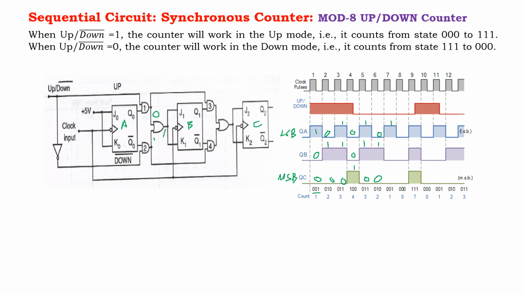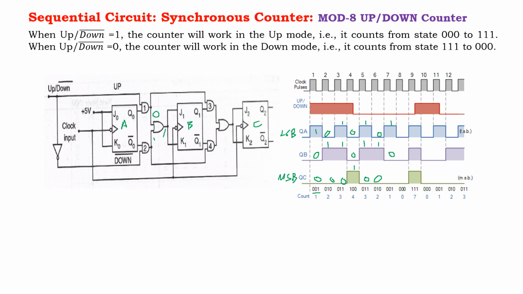So then what happens, this will store the data 0 1 and 1 1 again. So if it is 1 1 again, then it will be toggling 0 to 1, then 1 to 0, then 1 to 0.